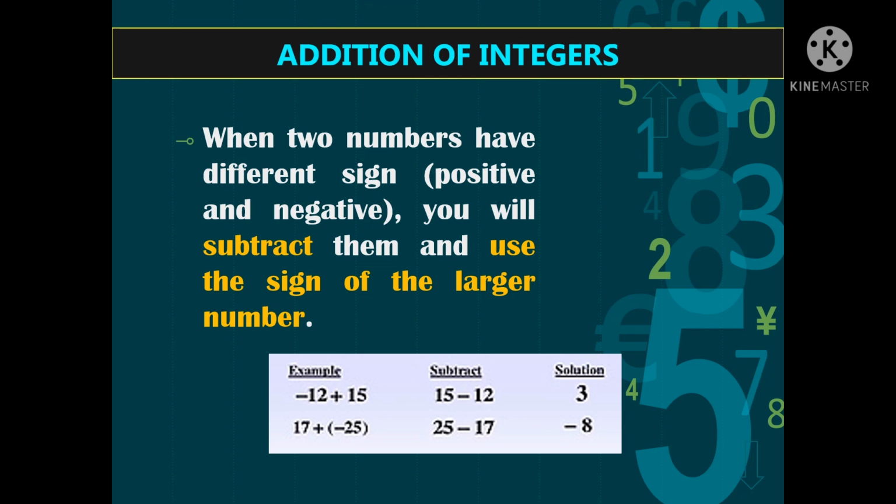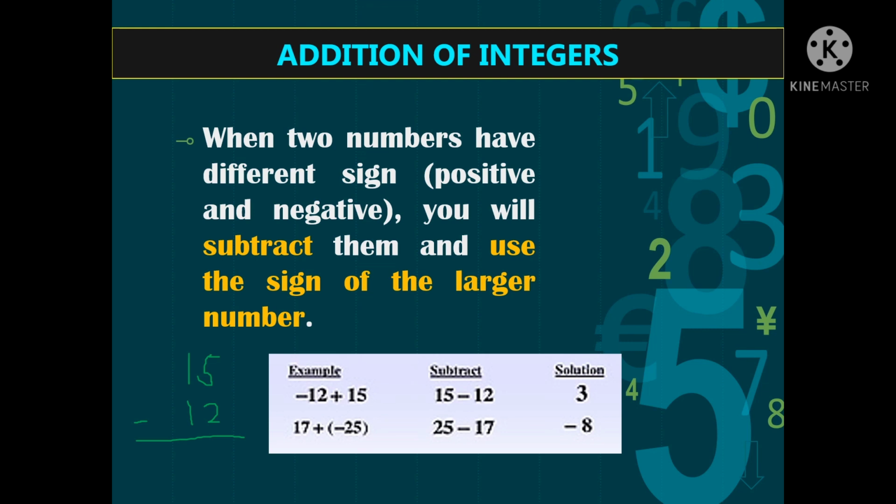Let me illustrate this. So for us to have an easy time on subtracting, we will first write the bigger or the larger number. That is 15. And then the smaller one is 12. So according to the rule, we will just subtract this. So we will disregard first their sign, and then we will just use the sign of the larger number after we subtract.